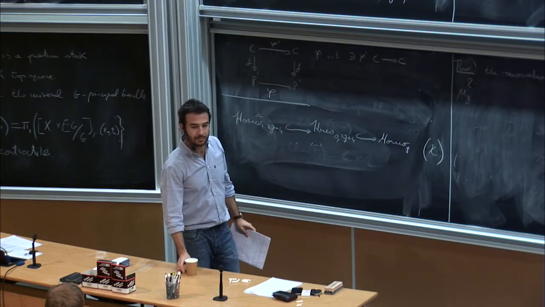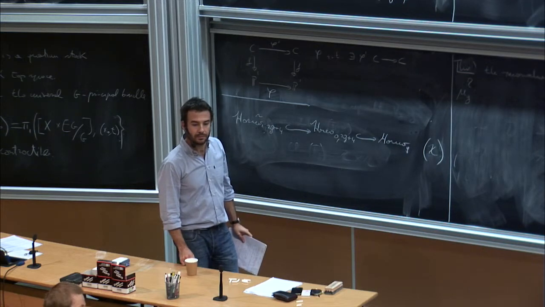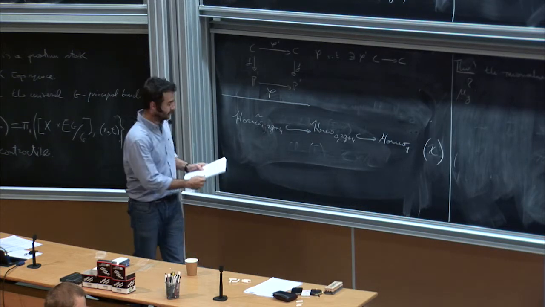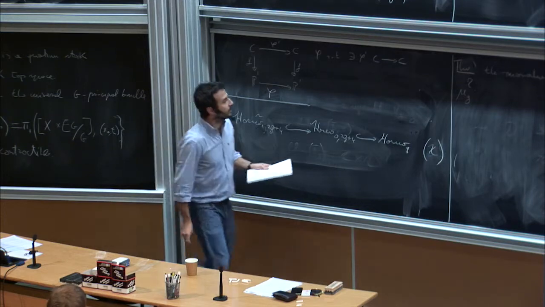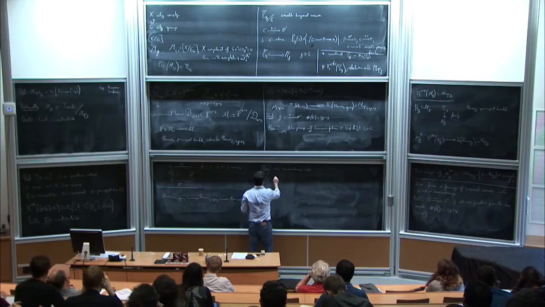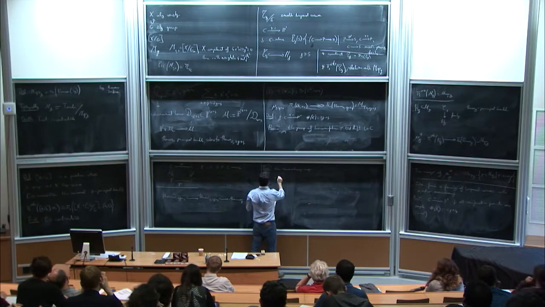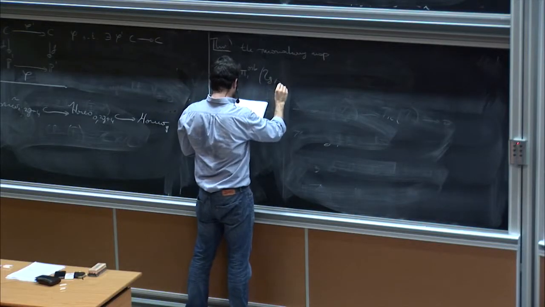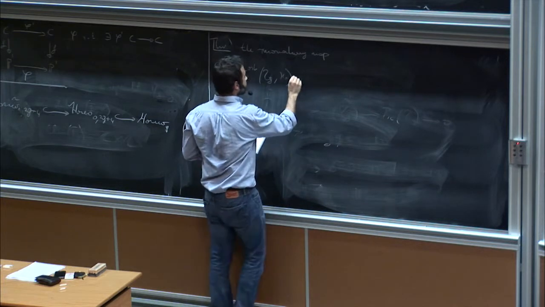You're not convinced? Okay, so yes, the monodromy map is surjective.